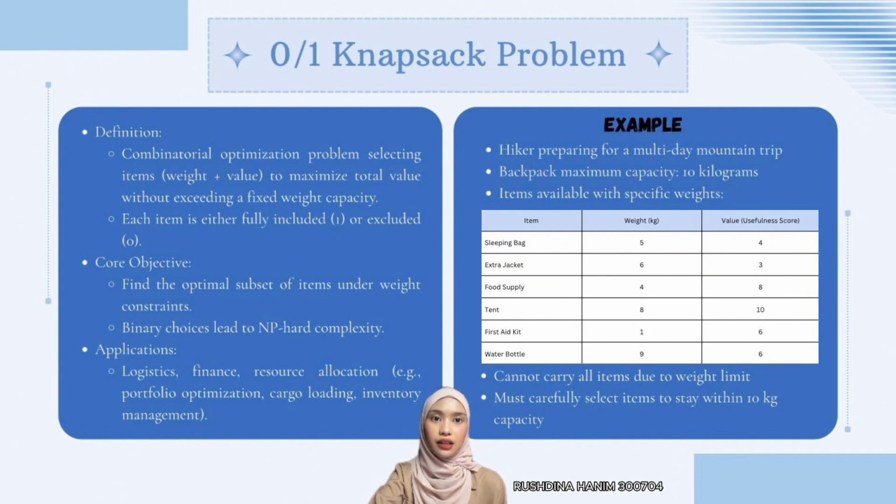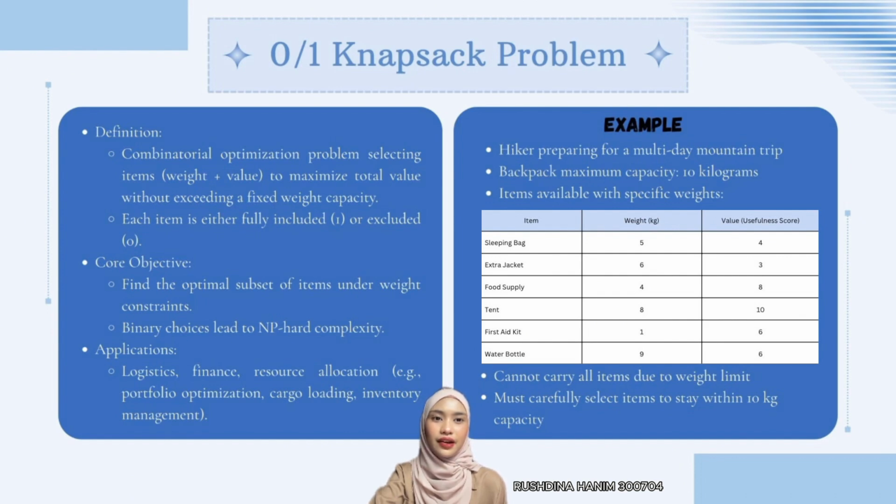As the number of items increases, the time it takes to find the best solution grows extremely fast, often beyond practical limits. To help illustrate this, imagine a hiker preparing for a multi-day mountain trip. The backpack can only hold 10 kg and the hiker has 6 items to choose from, including a tent, sleeping bag, food, water, a first aid kit, and a jacket, each with different weights and usefulness.